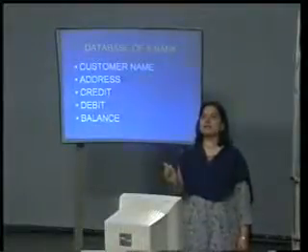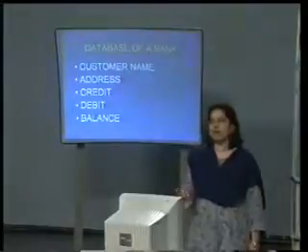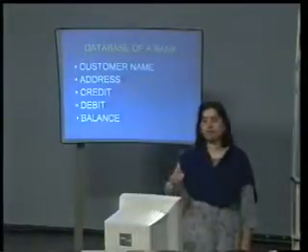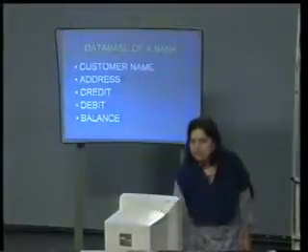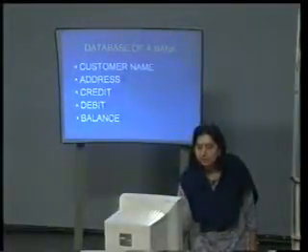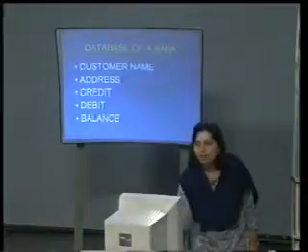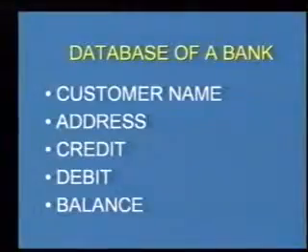These are the details which are required for every customer. So the customer record will have all these details: his name, address, credit, debit, and balance amount. So this is the data regarding the customer which is required.